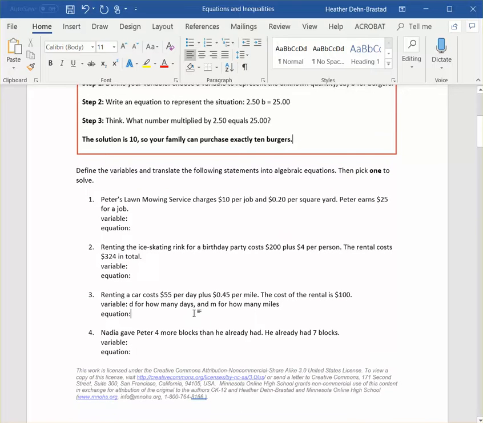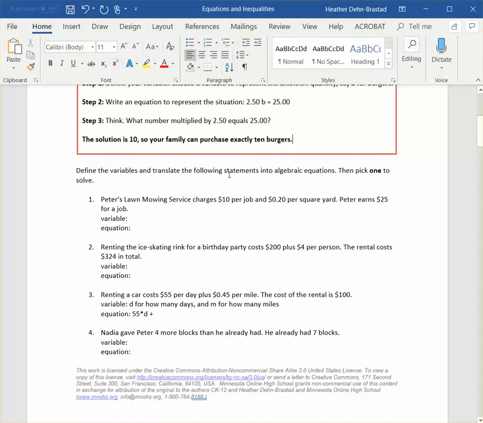And then the equation. So it's $55 per day. That means $55 times every day that you have the car, and we have a variable, D, that means every day that you're going to have the car. You can write 55D like I did, or you can put a times sign in between it. Don't use an X for times, because then we'll think it's another variable.